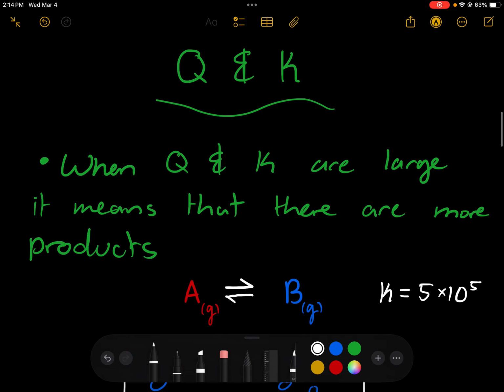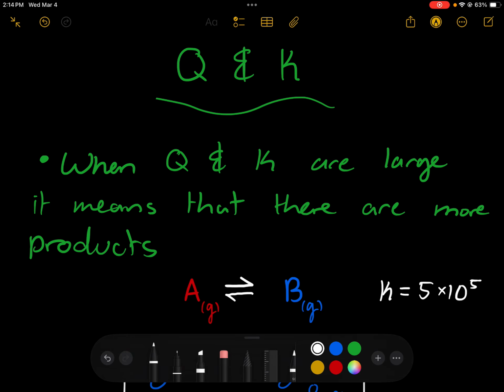Now, in terms of Q and K, what they mean is different depending on their value. When Q and K values are large, it means that at that moment, there are a lot more products, right? Because we know that Q and K values are products divided by reactants. Therefore, if it's a big value, it means you have a large numerator, meaning you have more products.